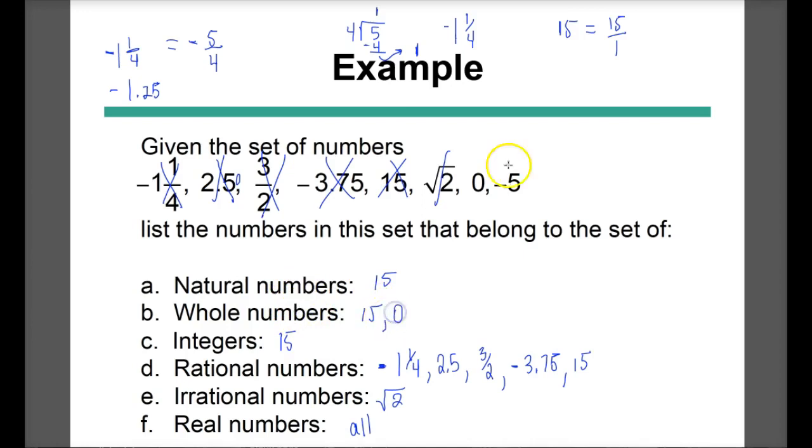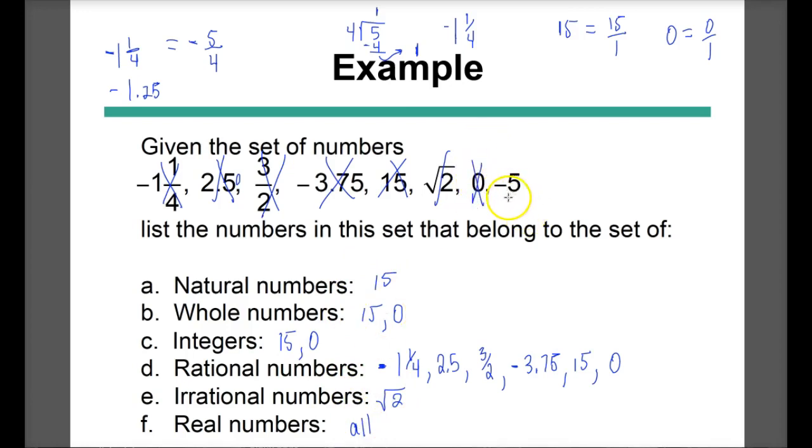So here we would consider 0 to be there. It would also be an integer, and it would also be a rational number because, again, 0 can be written as 0 divided by 1. And of course, it wouldn't be irrational because it can be written as a fraction. And if it's a part of one of these sets, then it's a real number.